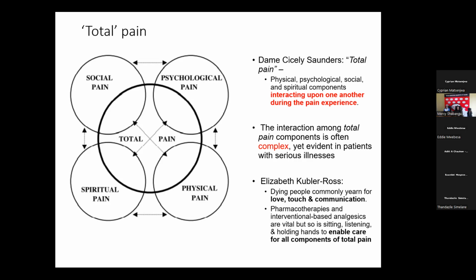And these are very, very important when we're approaching phantom pain and psychogenic pain, because in both of these types of pain, the social and especially the psychological components are very pronounced.